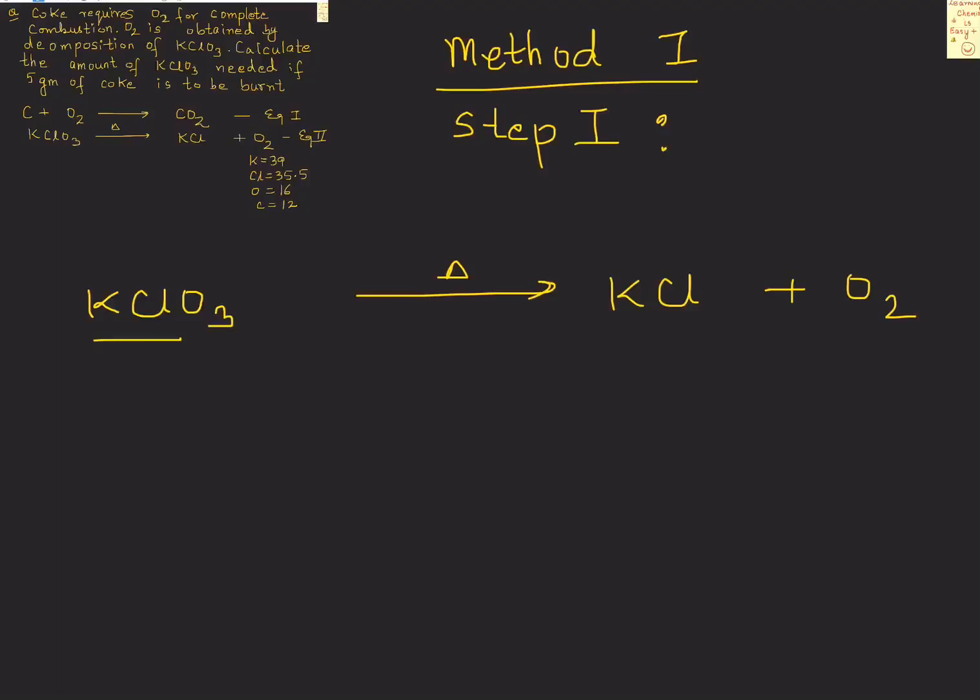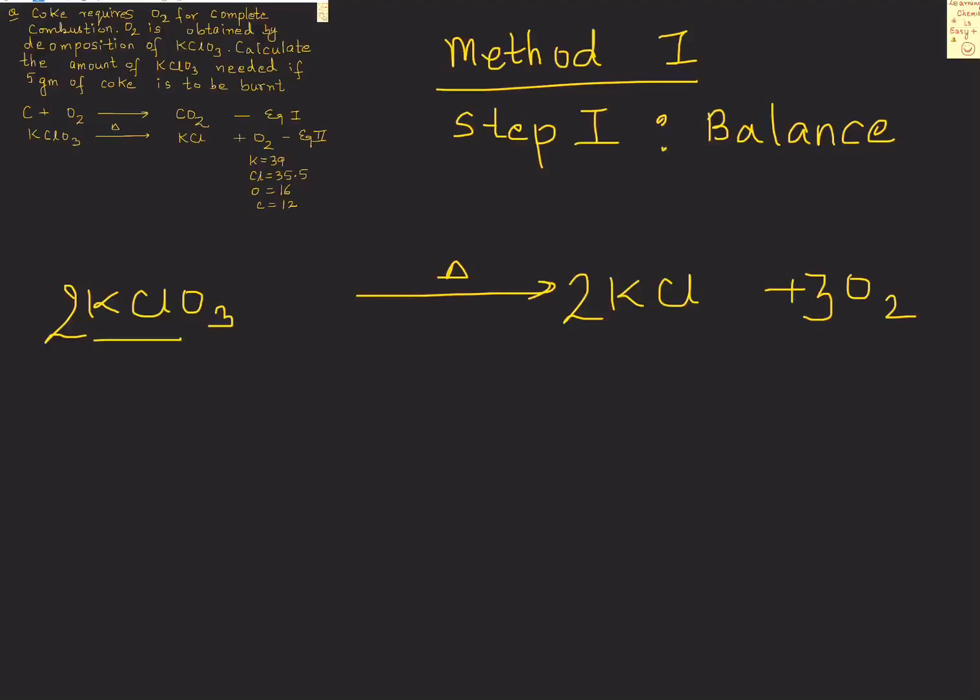Not the number of moles, not the mass, not the volume. Very good. You have to balance the equation which is provided to you, or if it is not provided, then you have to write it down. Now my first step is to balance the two equations. So we have a 3 over here, a 2 over here, and a 2 over here.